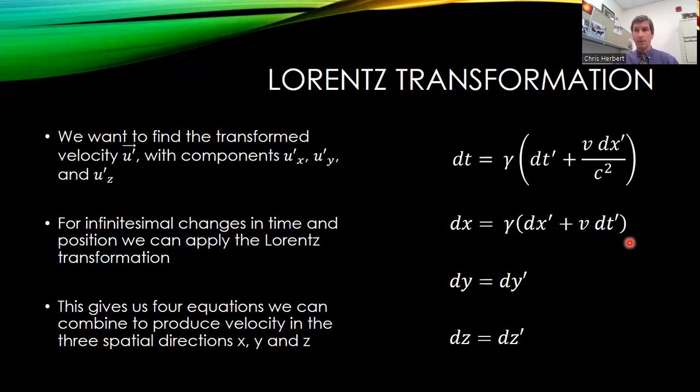Where my x primes become dx prime, my t primes become dt prime. Now think about what the original definition for velocity is. Our original definition for velocity is dr/dt, where r represents the position vector. How does that change as a function of time? So I go from one frame to the other. For instance, let's say I just want the x velocity. I've got to take this and divide it by this.